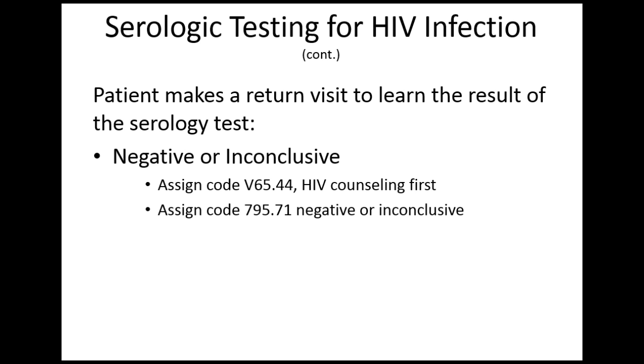When the patient makes a return visit to learn the results of the serology test, and the result is negative or inconclusive, you would code V65.44, the HIV counseling, first, and then an appropriate code, 795.71 for negative.